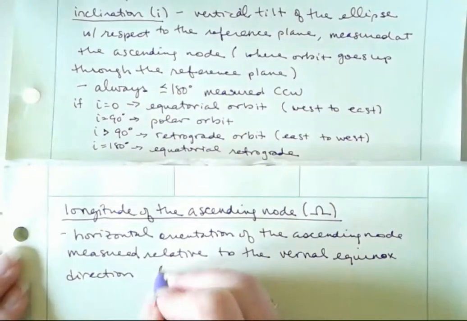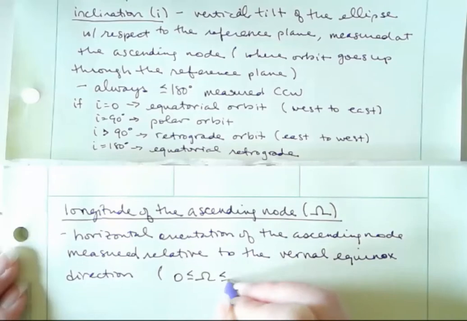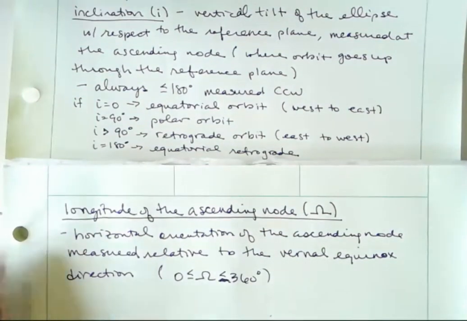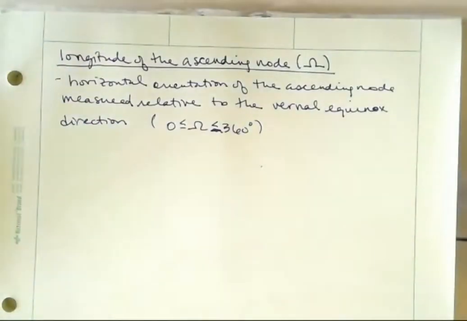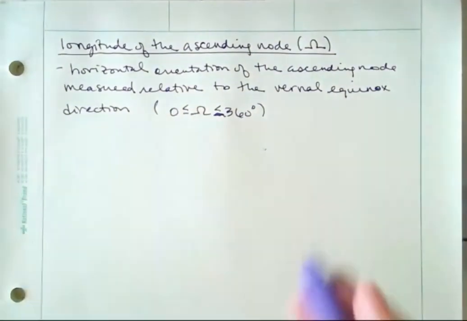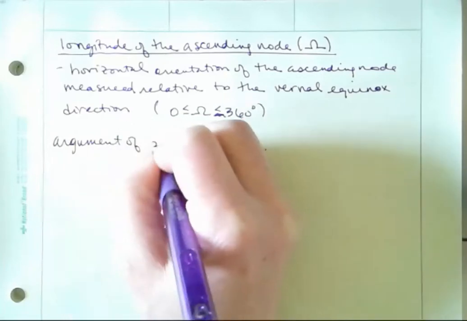And note here, capital omega is going to be greater than or equal to 0 and less than 360. So now we got that. Okay, 2 more of these. So next one we're going to have the argument of periapsis.